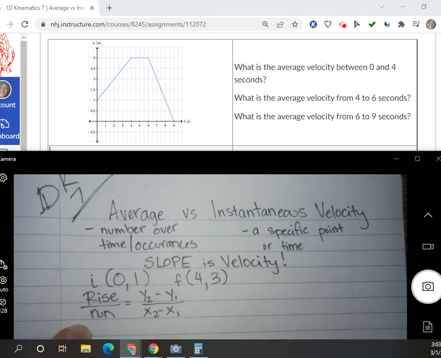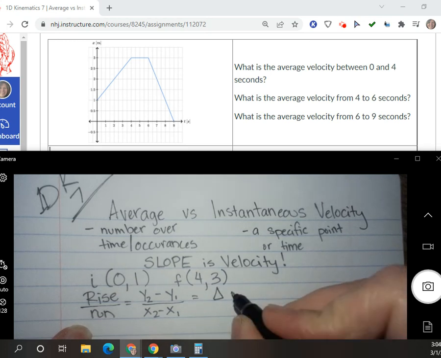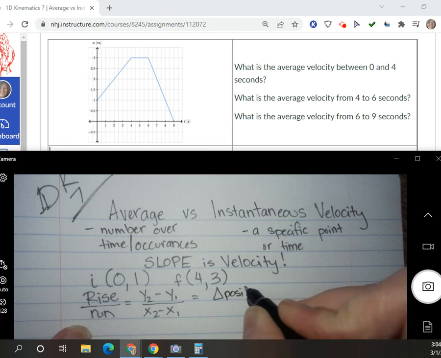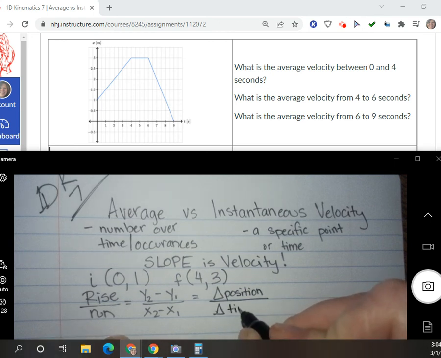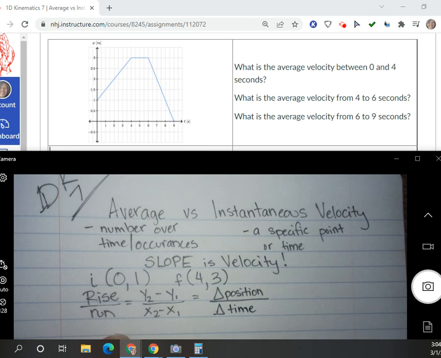We could also look at this as the change in position over the change in time. If we look at this graph, position is the y-axis, time is the x-axis, so we're saying the same thing.